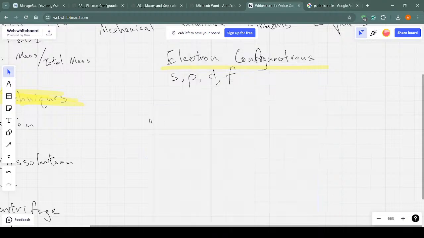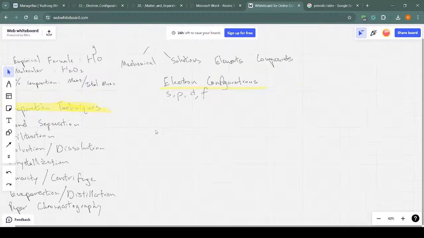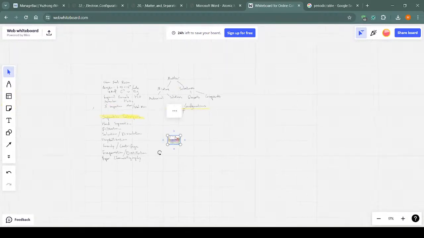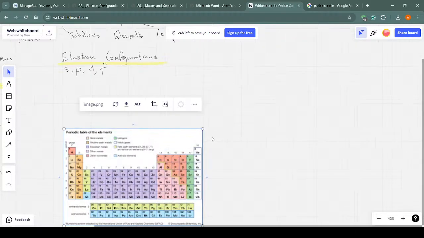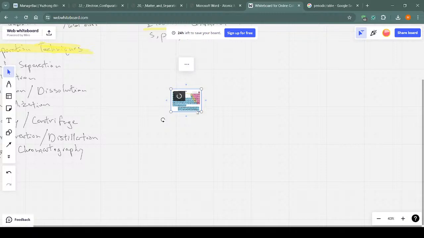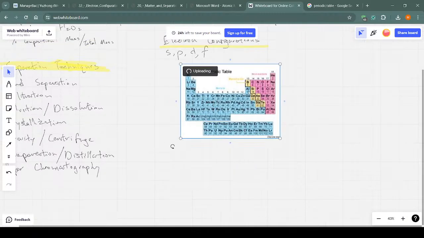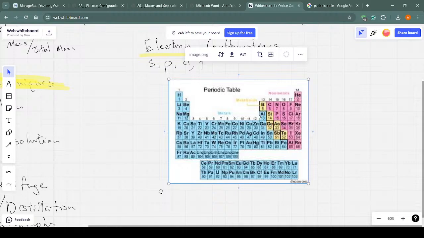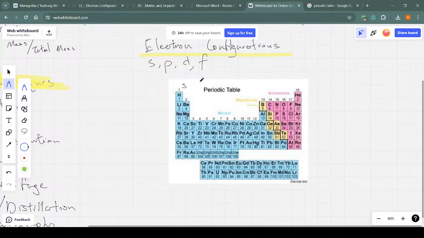What? This is so blurry. This one looks okay. Okay. So it goes S shells, P shells, D shells, then F shells, right? I think 1, 3, 5, 7. Right, okay.